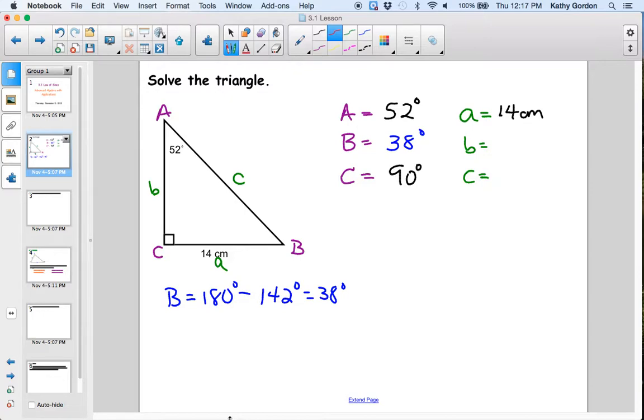So if I want to figure out side B, and I now have 38 here as this angle, then what is one way I could set things up to figure out side B? If I want to figure out this side, what's something I could set up for a trig ratio that's going to allow me to find B?